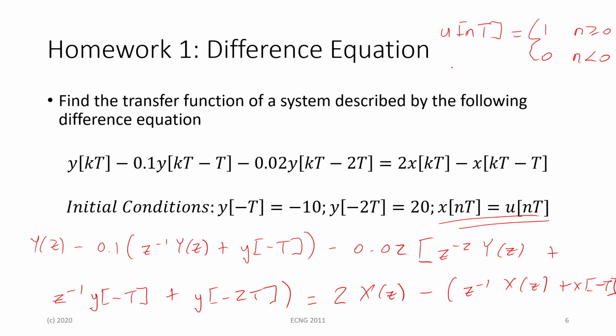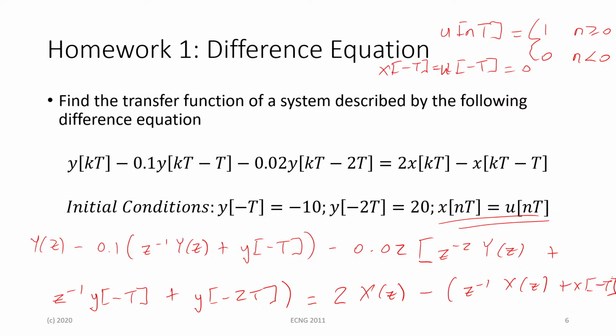So we have u(-T), which is similar to x(-T). From our definition, that's just going to be 0. So everything that was x(-T) just becomes 0.